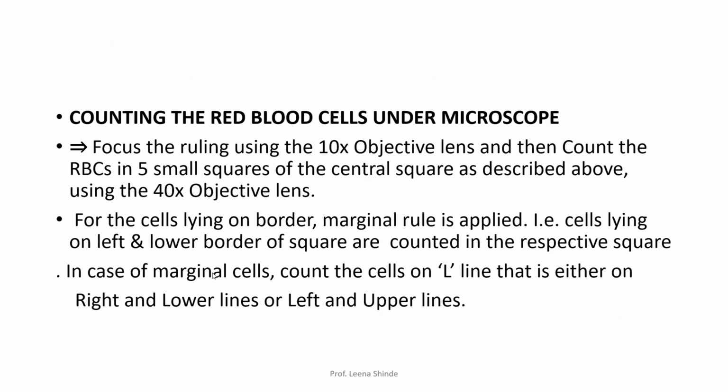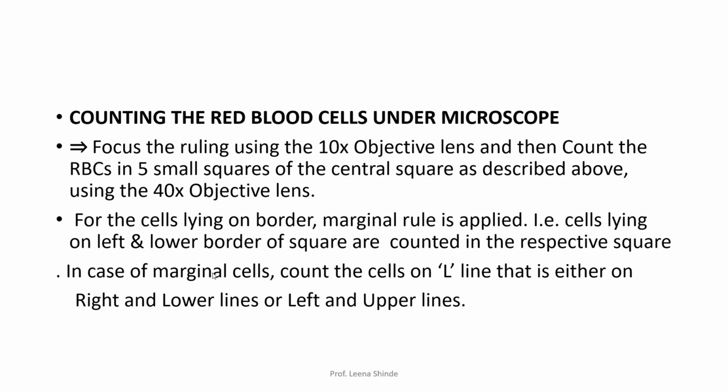Then the counting method: focus the ruled area under the low power lens first and then count the RBCs in the small squares of the central square, so switch to the high power lens. For the cells lying on the border, the marginal rule is applied.